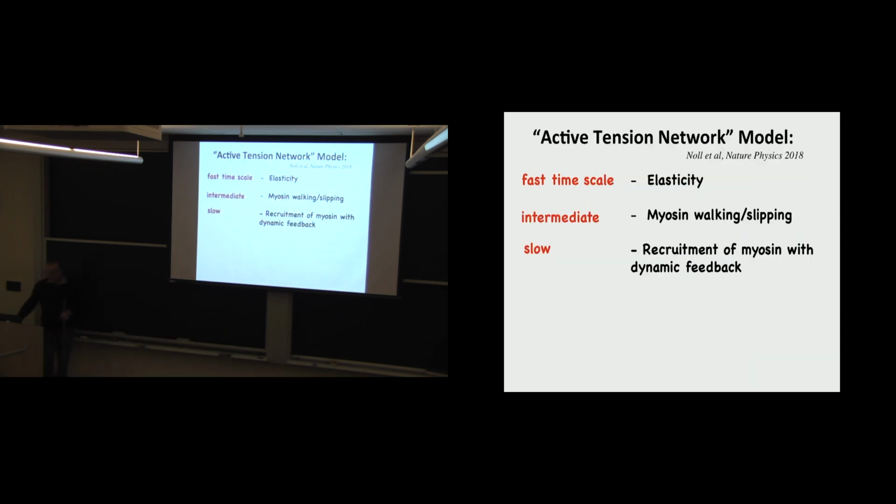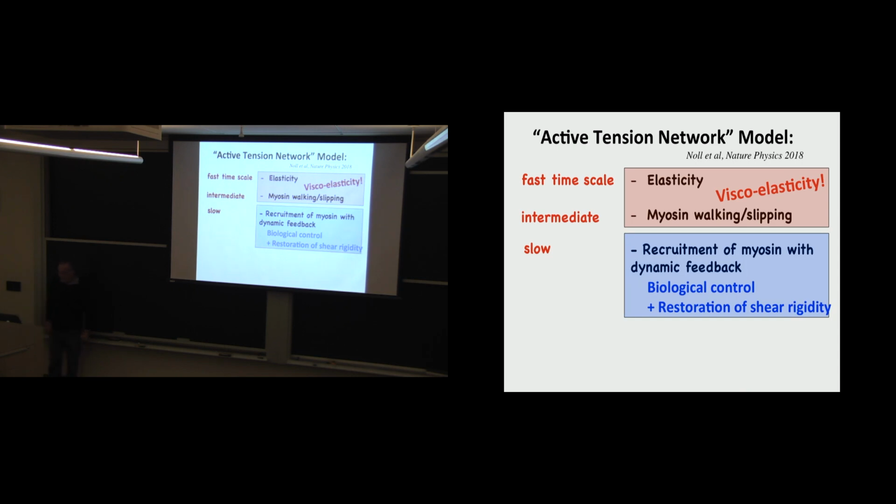And the bottom line here is that we have 3 time scales. On the fastest time scale is elasticity. Intermediate time scale is the internal rearrangement, contraction and elongation of the filament, myosins walking if they can. And on the slowest time scale, there is a recruitment of myosin with this dynamical feedback.